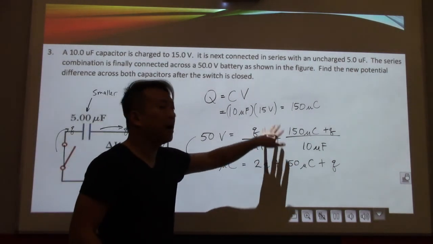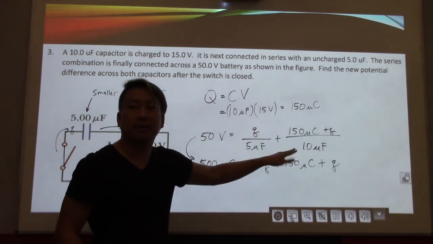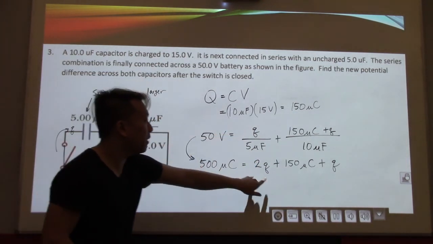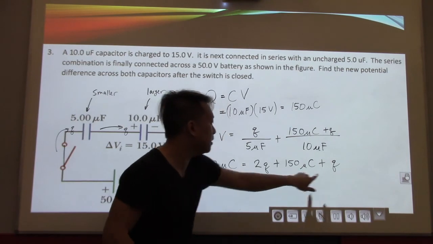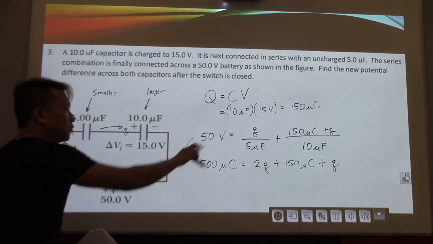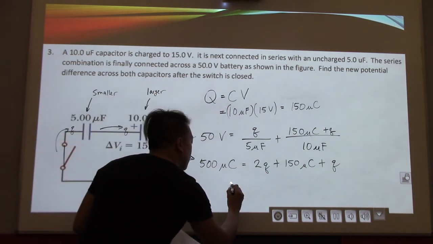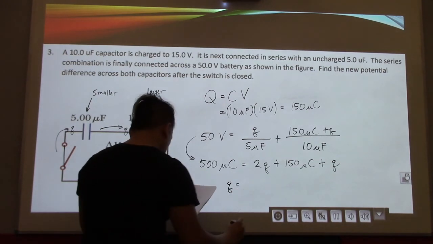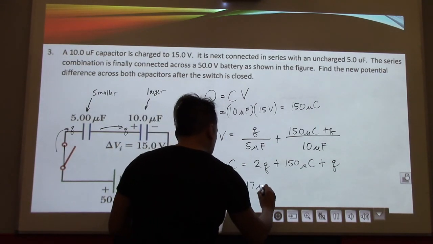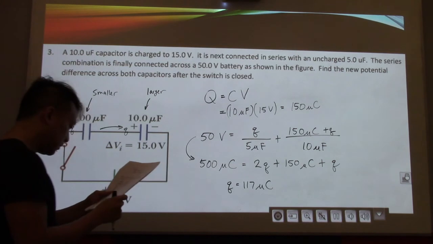I'm getting a common denominator, I'm adding them together. That's all I'm doing. Now we can combine the like terms, 2Q, Q, that's 3Q. Subtract over, so what do we get? Q equals 117 microcoulombs.